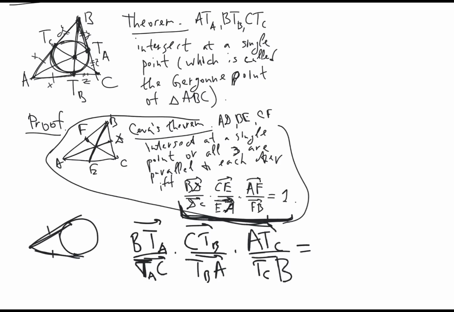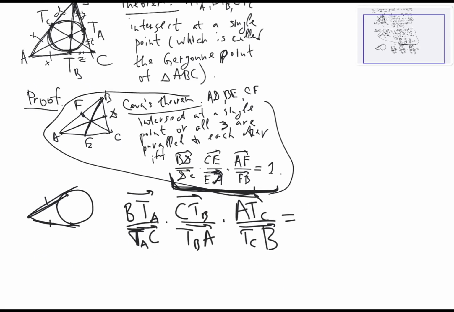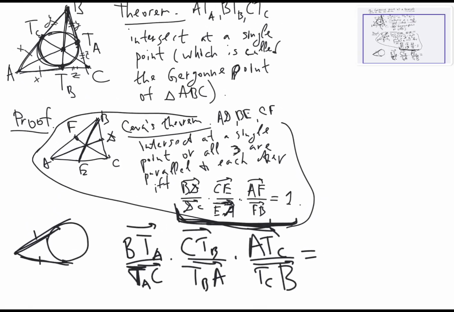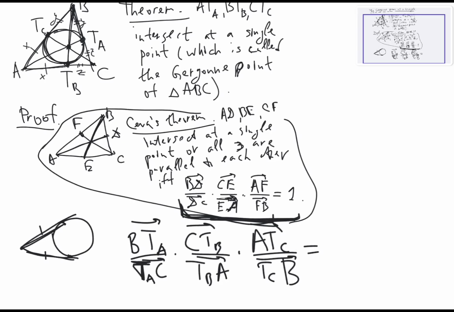So first we can drop the signs of the vectors, because we know that all three points are located on the sides of the triangle, not on the extensions. So all these vectors are directed in the same direction, so all these ratios are positive. But then we can rewrite these ratios using x, y, and z.